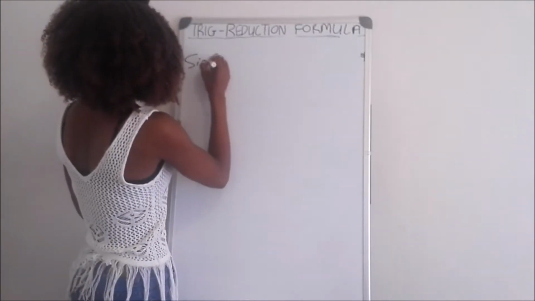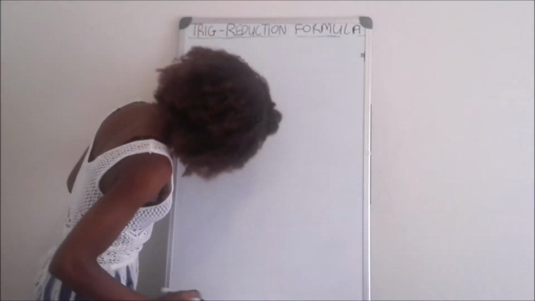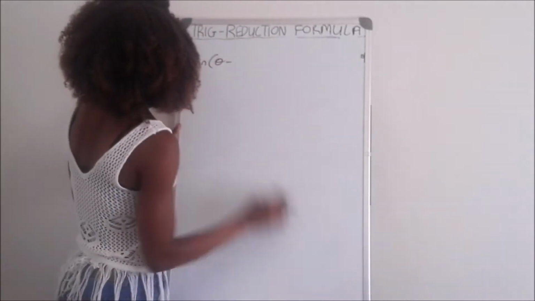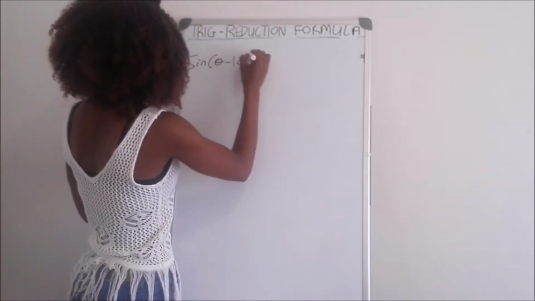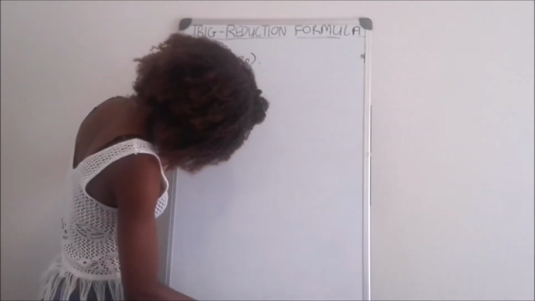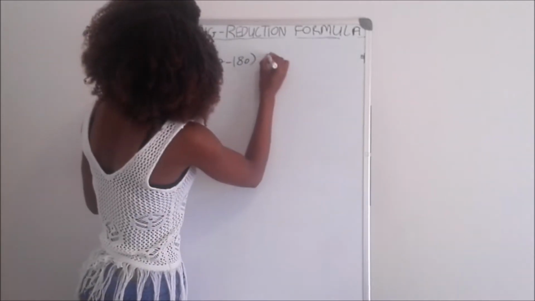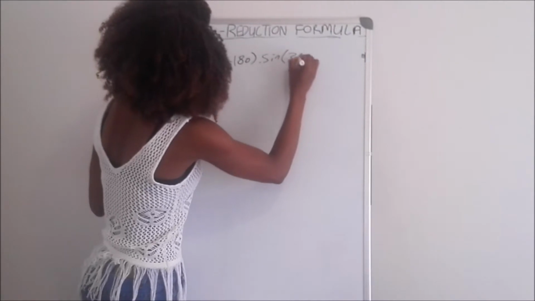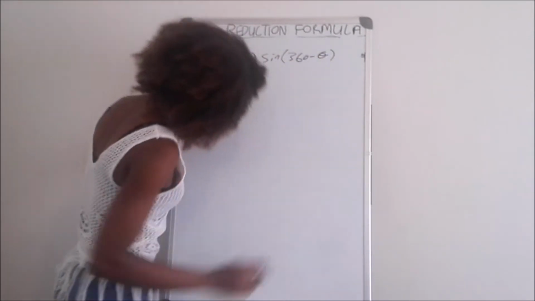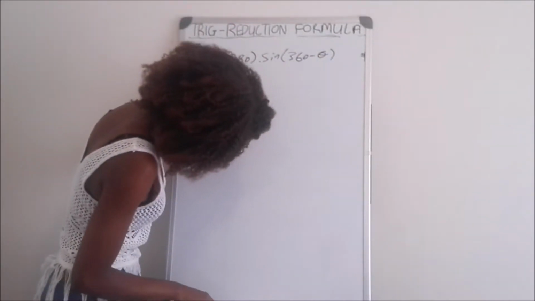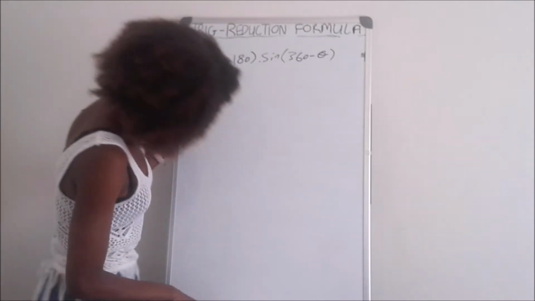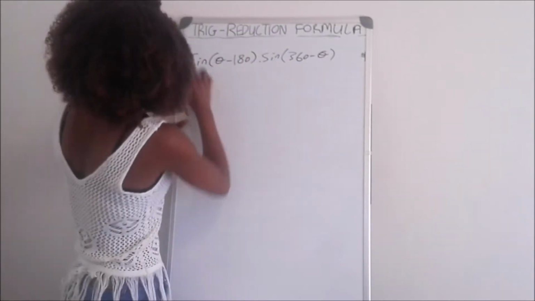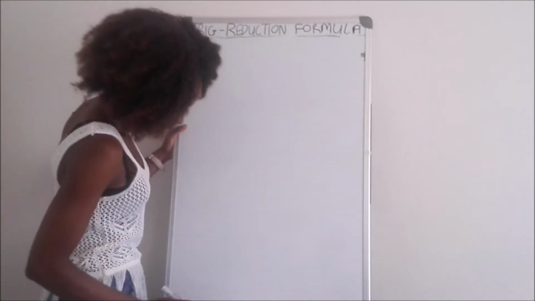Okay, another example. We have sine of theta minus 180, multiplied by sine 360 minus theta, and then minus cos 180 minus theta, and then multiplied by cos 360 minus theta. Alright, let me just write small so that I can make up space.